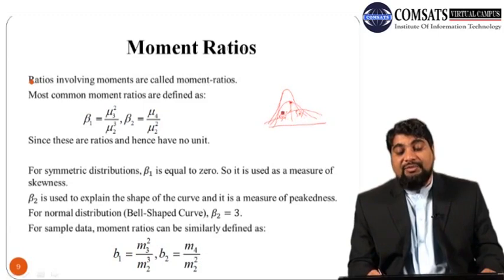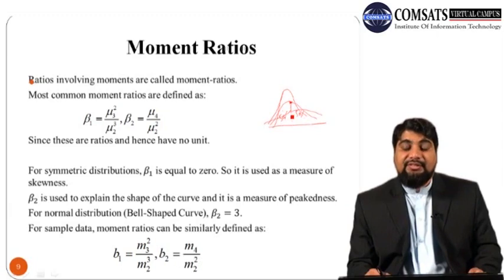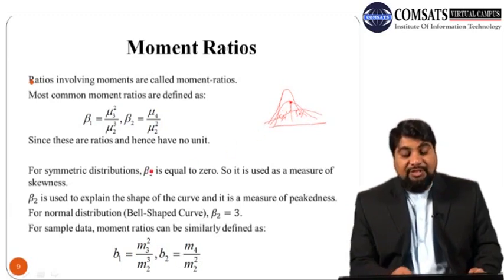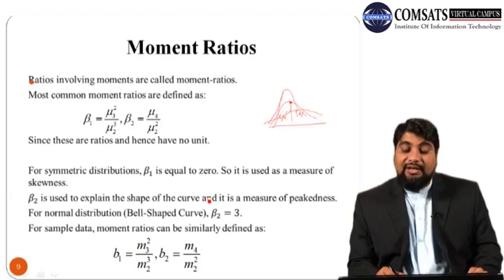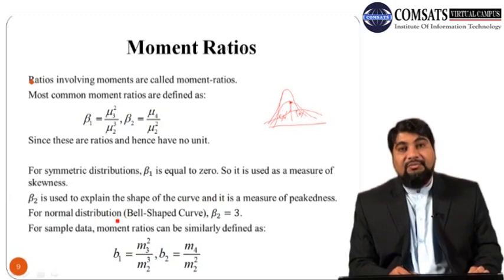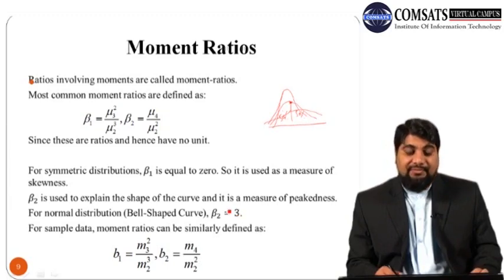If we take this middle line as the exact bell-shaped curve, we can check whether the peak is above or below it. For the normal distribution, which is a bell-shaped curve, beta 2 is always equal to 3.